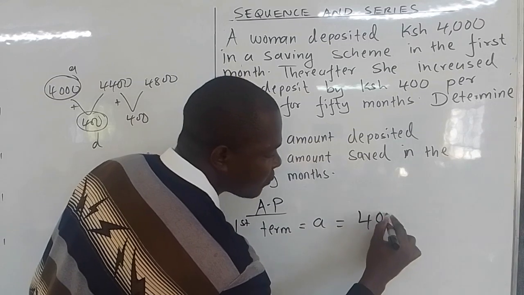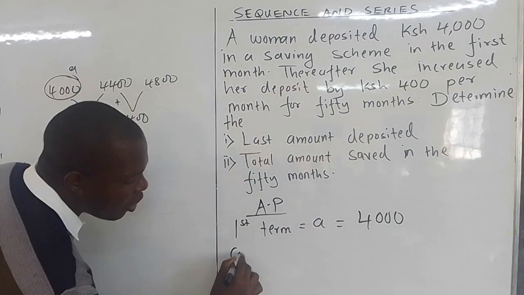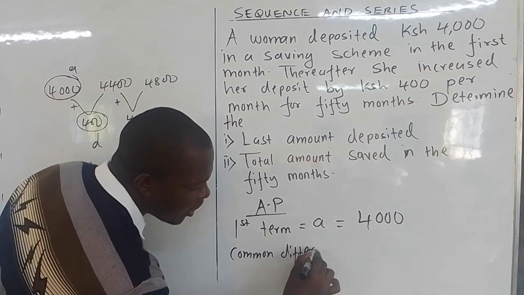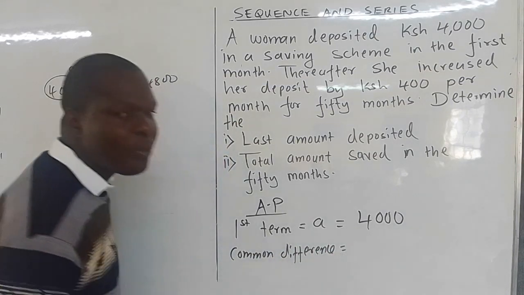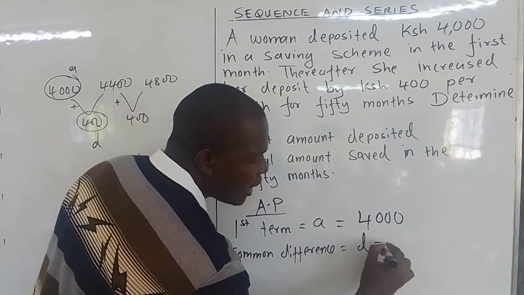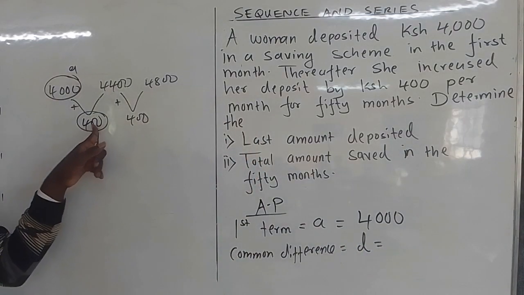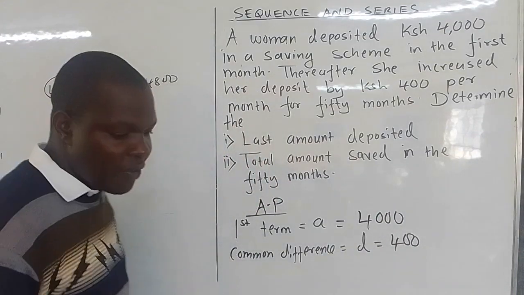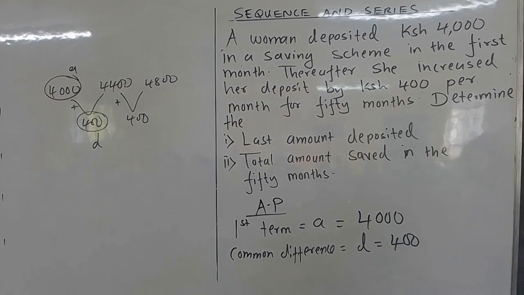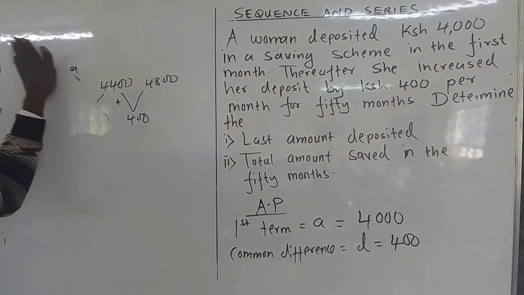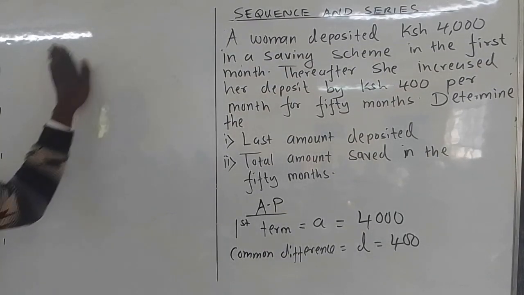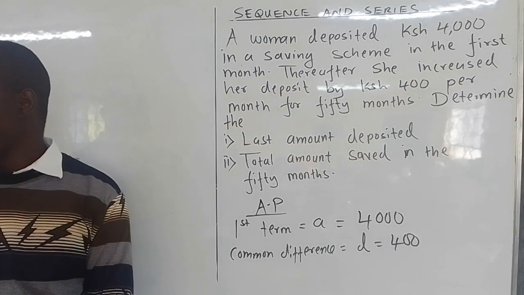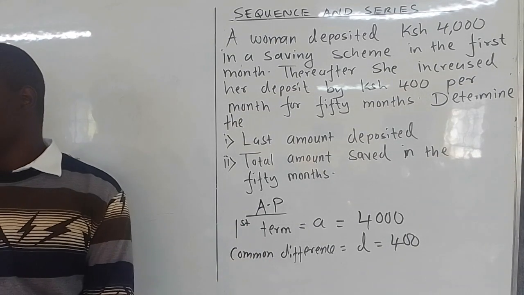We also know that the common difference of an arithmetic progression is given by D, and that D is here, it is 400. So we have interrogated the question, so we can now deal with it. You have to interrogate the question before you start dealing with it. We've seen the pattern. It is an arithmetic progression.